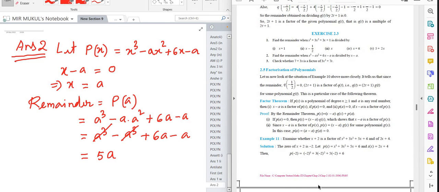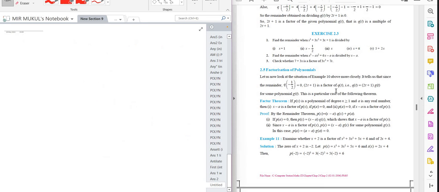And now third question. Check whether this is a factor of this or not. When can we say this is a factor? If you get remainder 0.